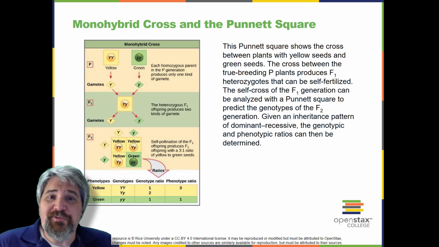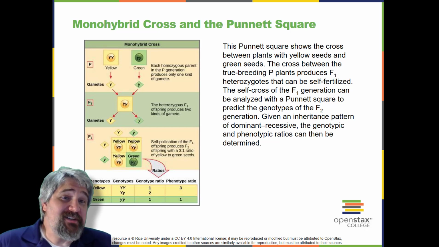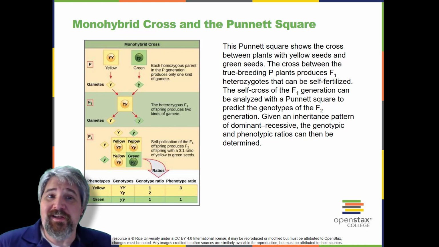This figure shows a Punnett square for a cross between a plant with yellow peas and one with green peas. To prepare a Punnett square, all possible combinations of the parental alleles, the genotypes of the gametes, are listed along the top for one parent and the side for the other parent of a grid.